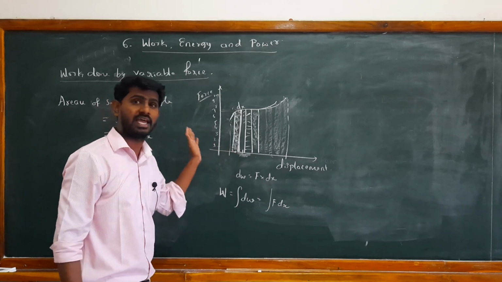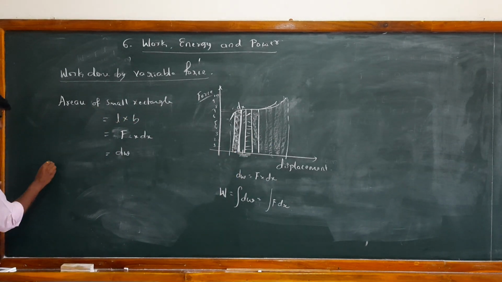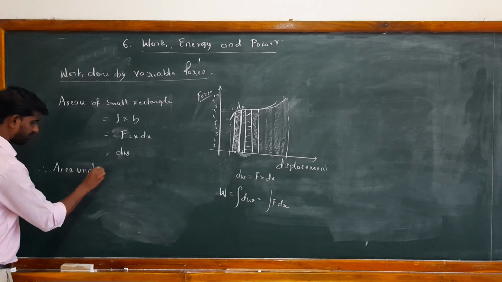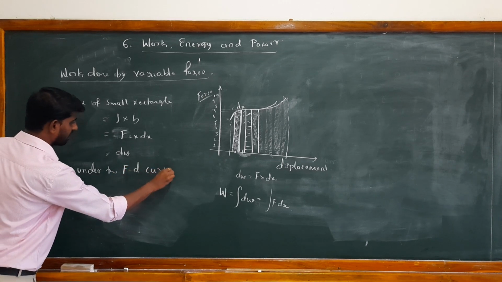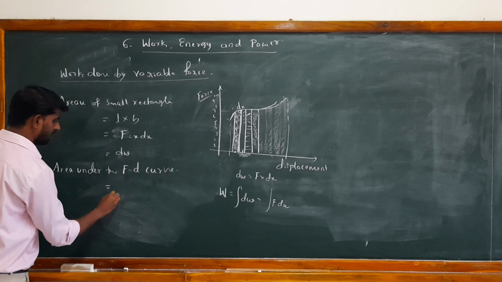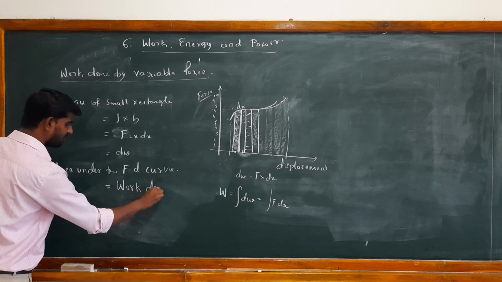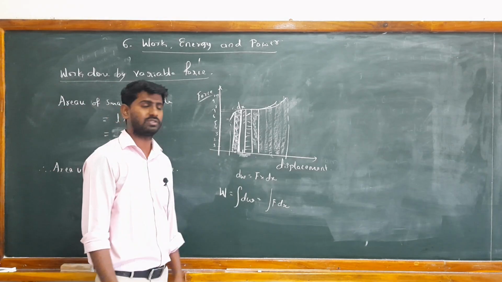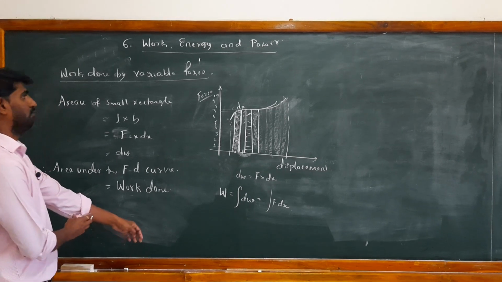Therefore the area under the force displacement curve is the total work done for that entire displacement. So this is a way to get the work done in case of variable force.